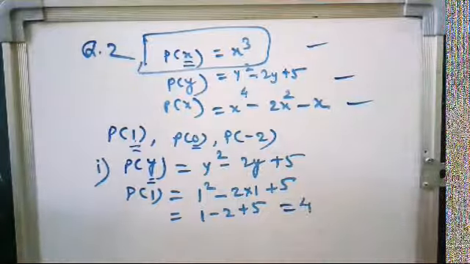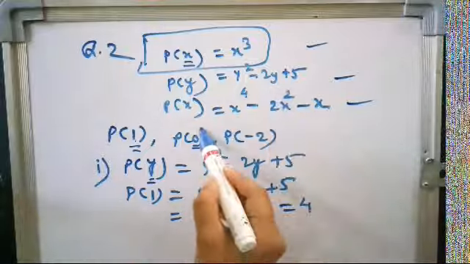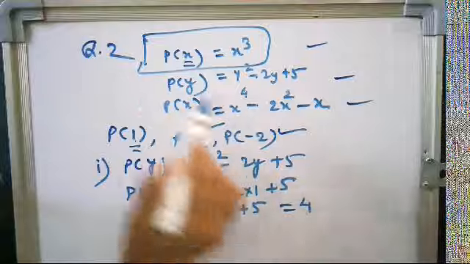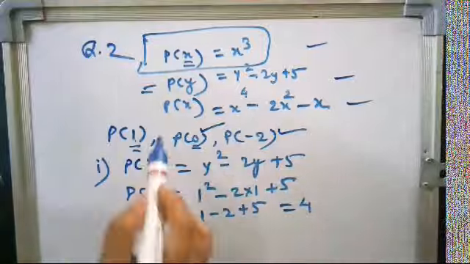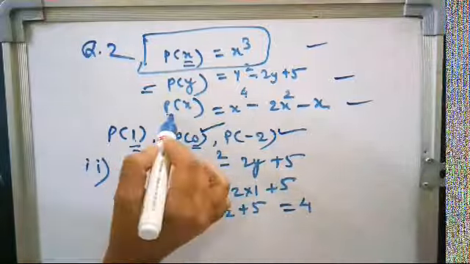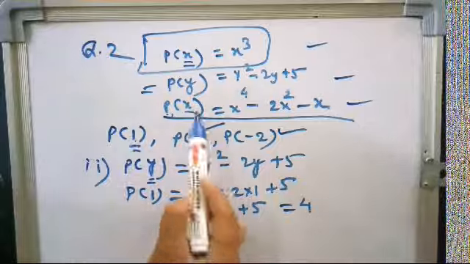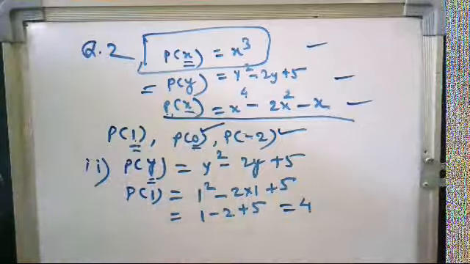So like this you have to find out the p of 0, then p of minus 2 for this polynomial equation. Then you have to write the third equation, and again substitute instead of this x, first of all 1, then 0, then minus 2 and find out the answer.